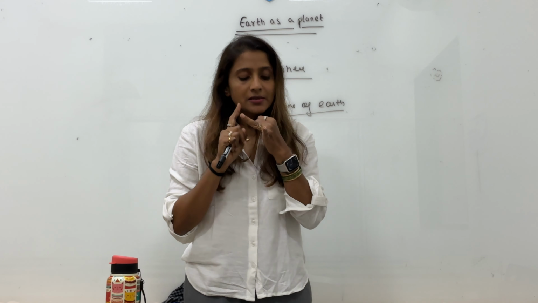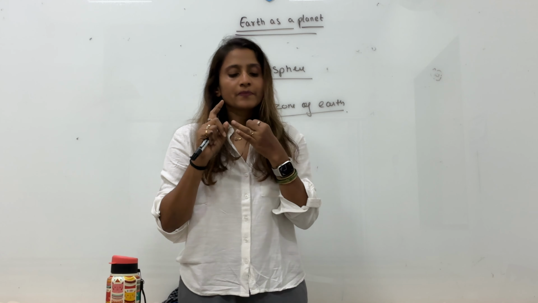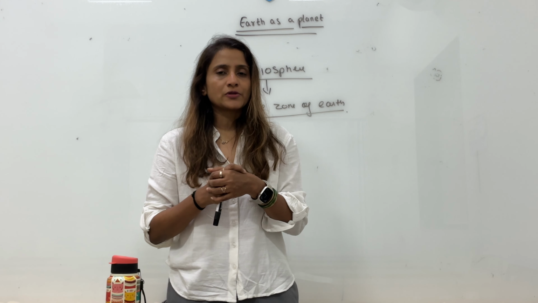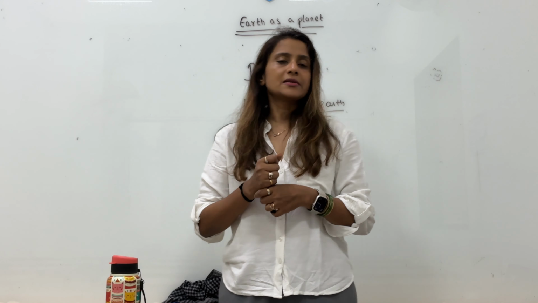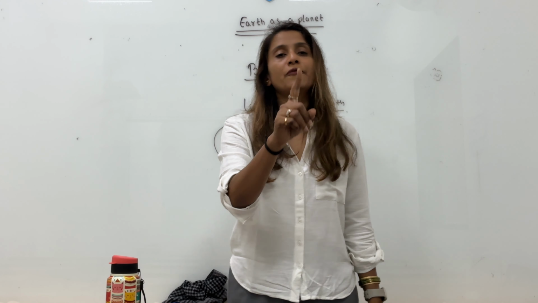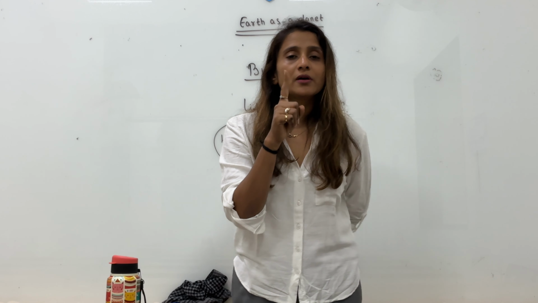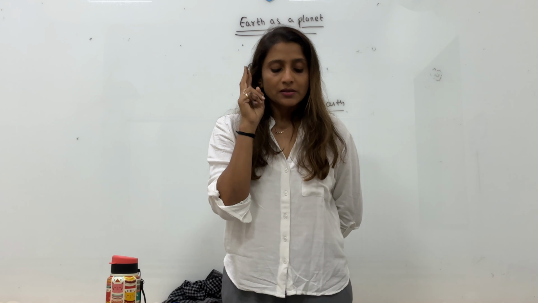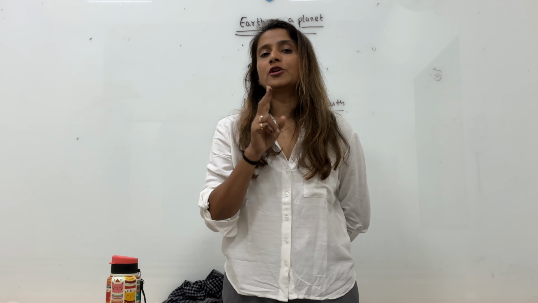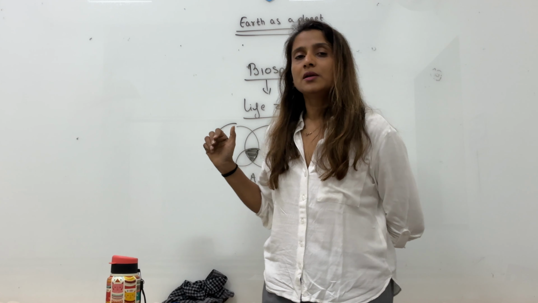Self-regulating, self-sustaining, structural and functional unit of biosphere is called an ecosystem. I am repeating again. I want everyone to learn the definition properly. Self-regulating, self-sustaining, structural and functional unit of biosphere is called an ecosystem.